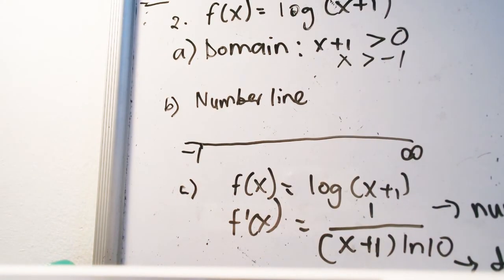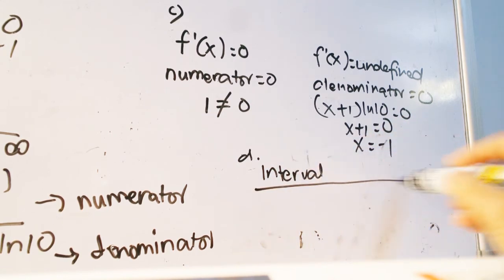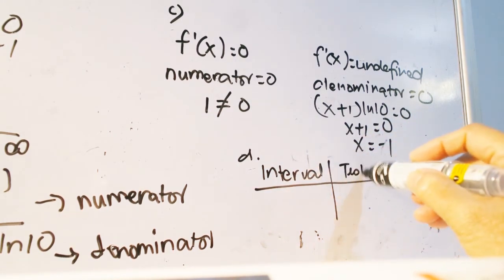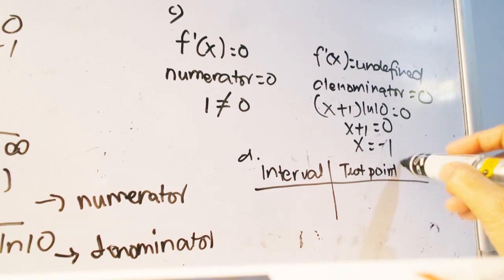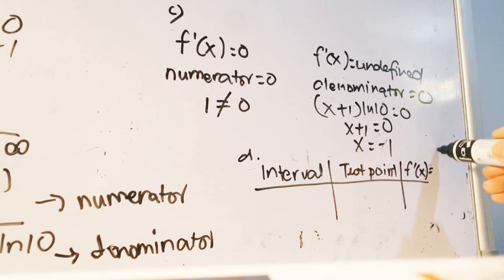Okay, so now you can see, how many intervals do we have? There's only one interval. It is minus 1 to infinity. So interval, test point, f prime of x is 1 over x plus 1 times ln 10.